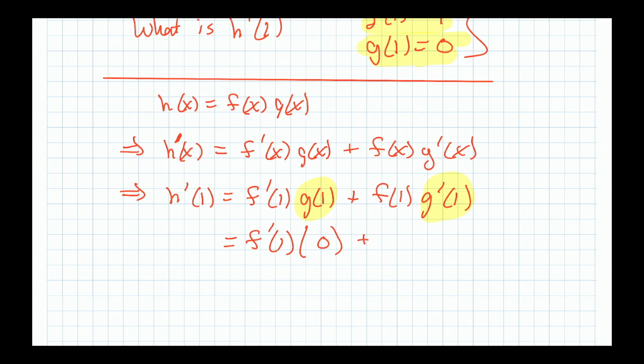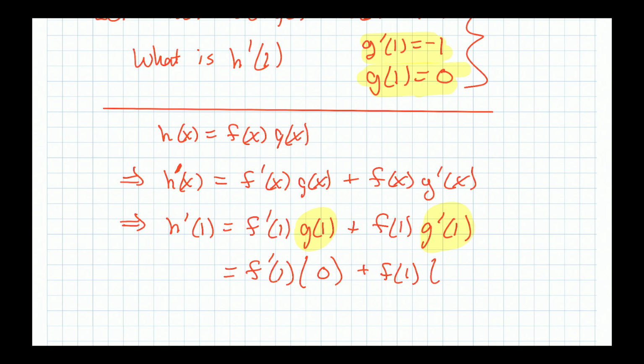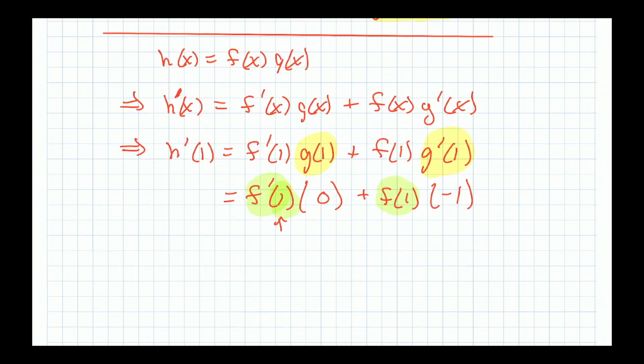Then you have f of 1, which we don't know yet. And then you have g prime of 1. G prime of 1 is negative 1. So the question is, what is f prime of 1 and what is f of 1? Okay, so we need to find these. And they're just numbers. We should be able to find them pretty easily, right?